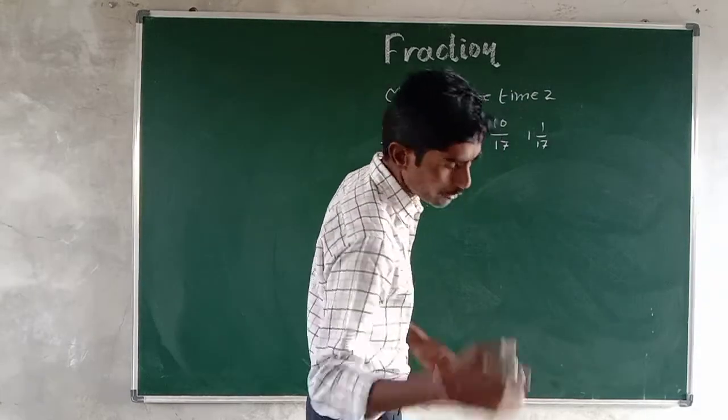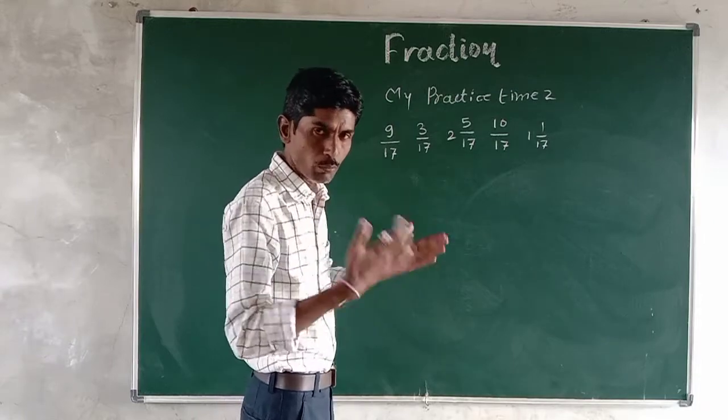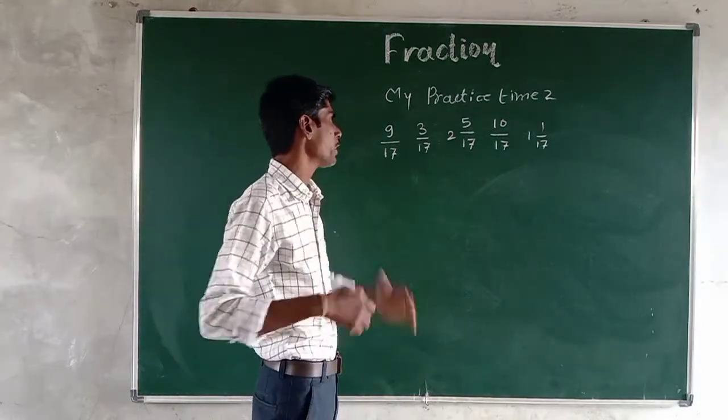And we have to write the descending order. Ascending was smallest to greatest, but greatest to smallest is descending.